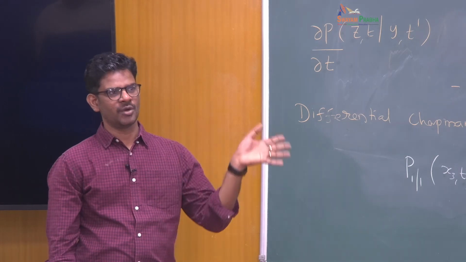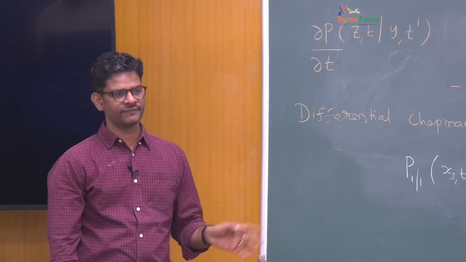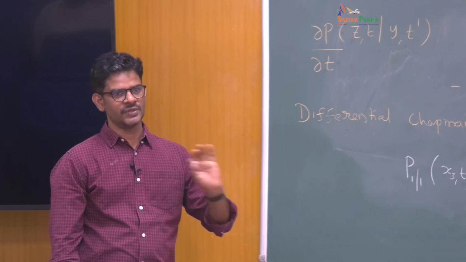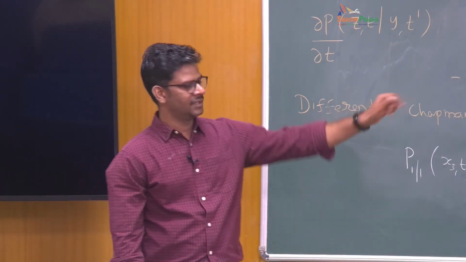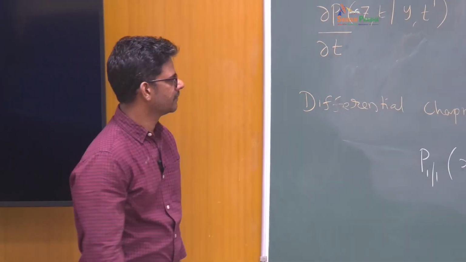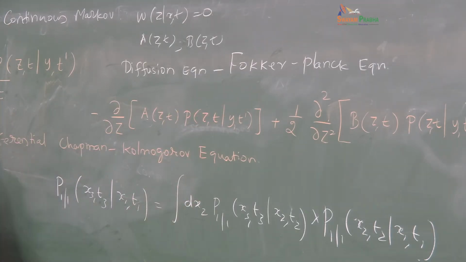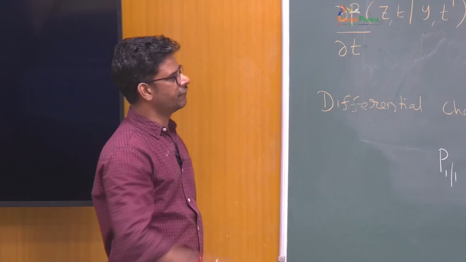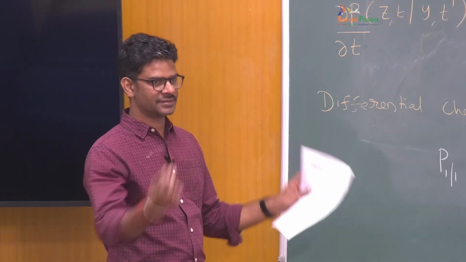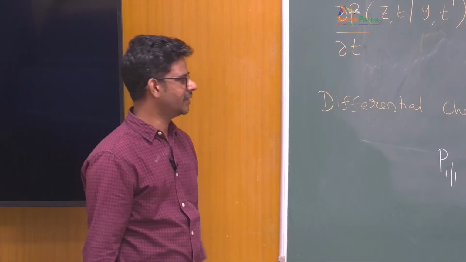The more general form is the differential Chapman-Kolmogorov. For the discontinuous or jump Markov process, it's the master equation. For the continuous Markov process, we have the diffusion or Fokker-Planck equation. And the third case you can think of as the one that has everything built in. You have jump, you have continuous and all that.